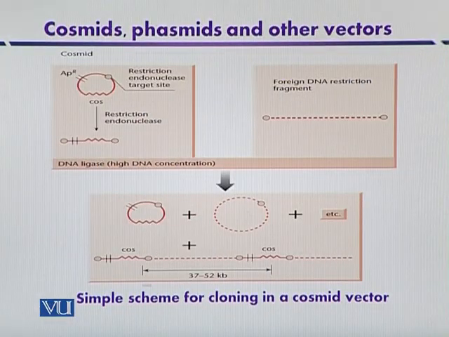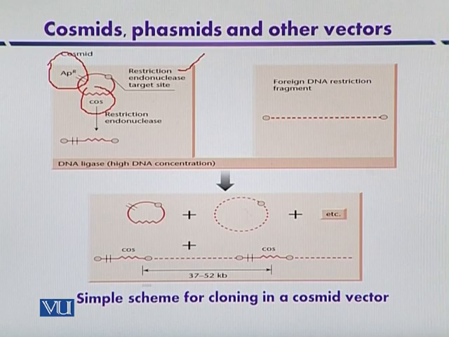This diagram shows the simple cloning scheme using a Cosmid vector. It contains a selectable marker, which is a gene for ampicillin resistance. It also contains a restriction site for an appropriate restriction enzyme that can be used to insert foreign DNA at this location, and of course the cos site from the lambda genome here.